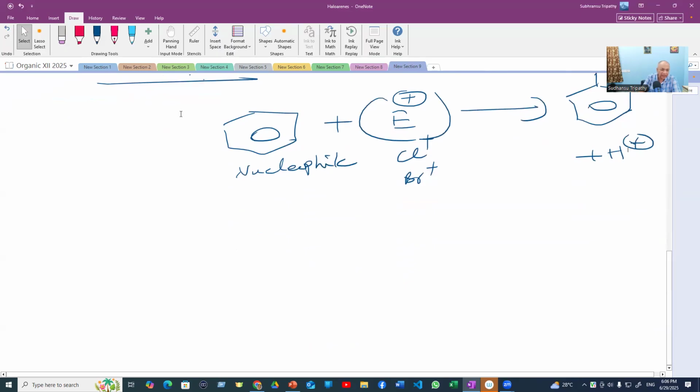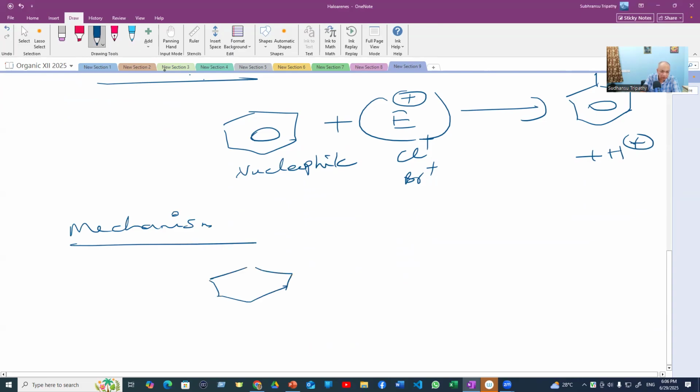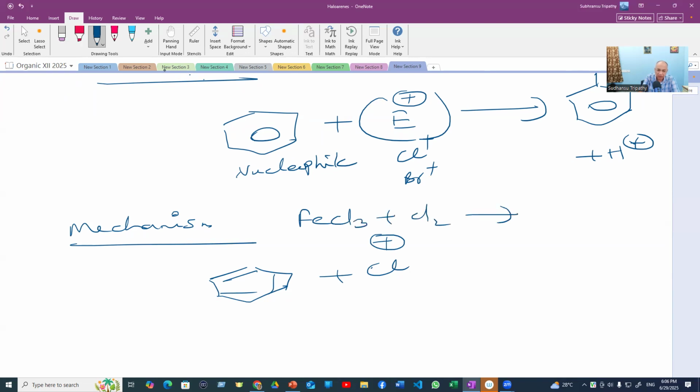Now, in this mechanism, I remind you that chloronium ion is obtained by the reaction of FeCl3 with chlorine, giving you chloronium ion and FeCl4 minus.